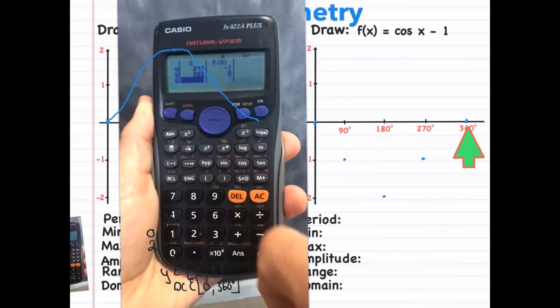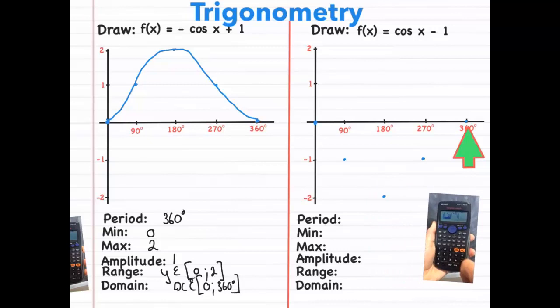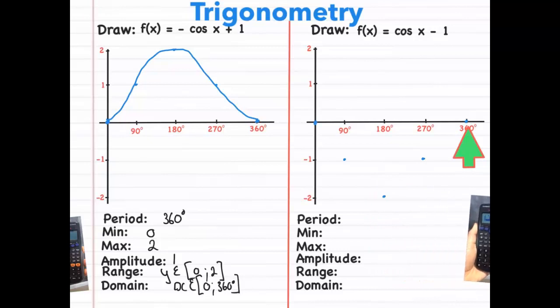And now we simply have to go and connect these dots with the correct shape. So here we go. We have a positive cosine function, and a positive cosine function is the porridge bowl. So let's just connect these dots. So there we go. It goes down, then it makes the turn, and then it goes up through that dot again, and then it goes out like that, and there we go.